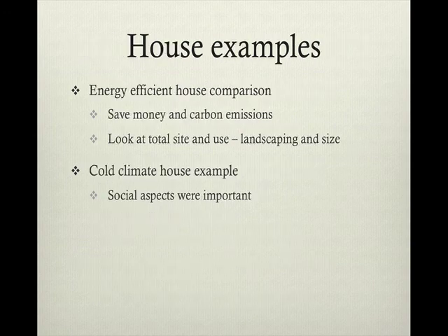All right, now in the house examples, just to review, in the energy efficient house comparison, we could save money and carbon emissions, but again, we had to look at the total site and use. For example, in the comparison of two homes that could have been built in the United States, they didn't consider landscaping at all, like whether they could put trees around there, or the size of the home, or the usability of the space inside the home.